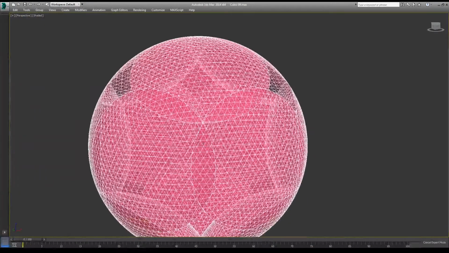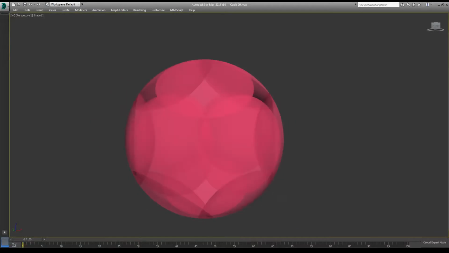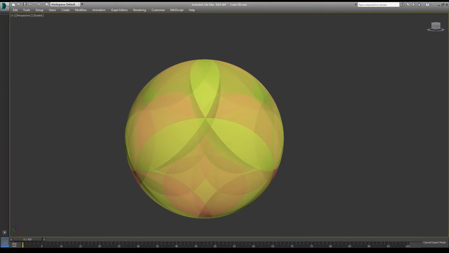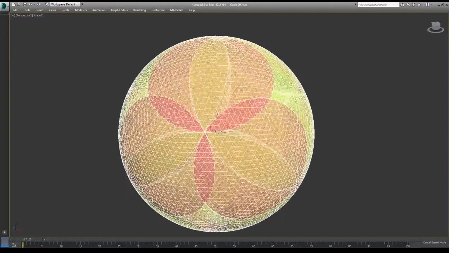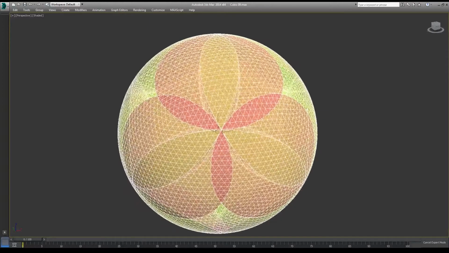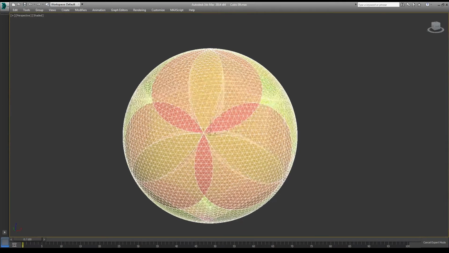Again, we get this petal pattern appearing in the intersections, though it's a bit smaller than our larger intersections. But if we turn them all on together, of course, they are intersecting at the same point. So you'll see we get this nice interlocking pattern of 3 large intersections and 3 small intersections. And let's take a look at the smaller intersections.